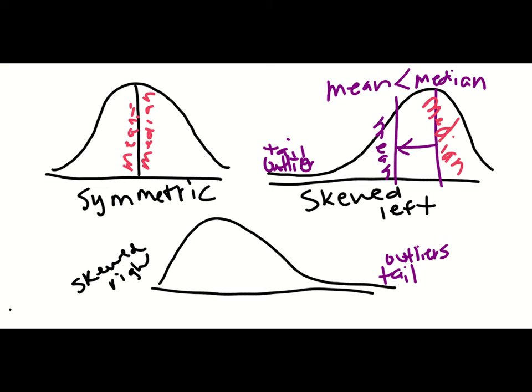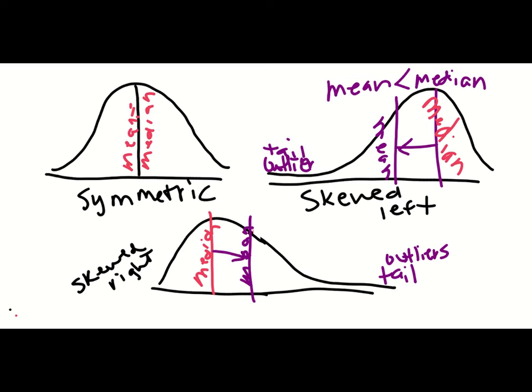Okay. That means your median is somewhere over here, but your mean is pulled over here. Let me put this black line here. Your mean is pulled towards your outliers.